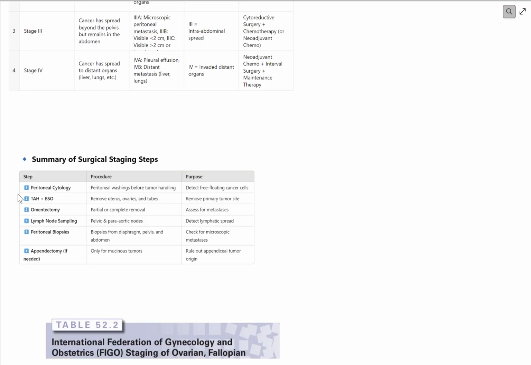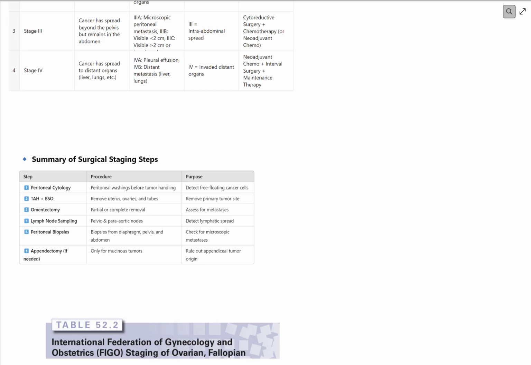Now, in any ovarian cancer when you're operating, the most important thing is the extent. And then you have to remove the omentum and the pelvic organs. You have to do lymph node sampling and you have to do peritoneal biopsies.